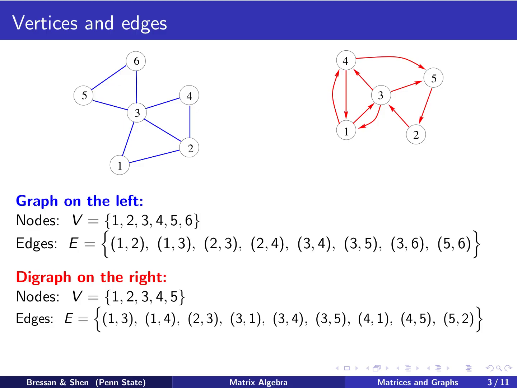So you will have, say, 1, 3, that means from 1 I can go to 3, and 1, 4, from 1 I can go to 4, and then you notice there's 3, 1, and you can go from 3 to 1. So you can collect all of them and put them here, and these two sets also completely describe the digraph.